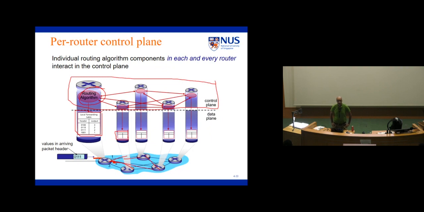The routing algorithm at one particular router, even in the centralized case, the centralized algorithm may figure out somehow what the routing tables should be. But once the routing tables are computed, they are pushed down to the data plane.